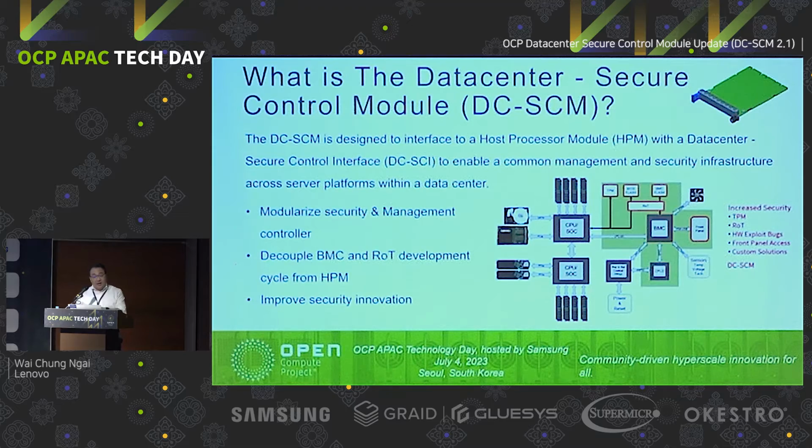On the other hand, the DC-SCM takes care of security and management capabilities through a connection called the DC-SCI, which stands for Data Center Secure Control Interface.